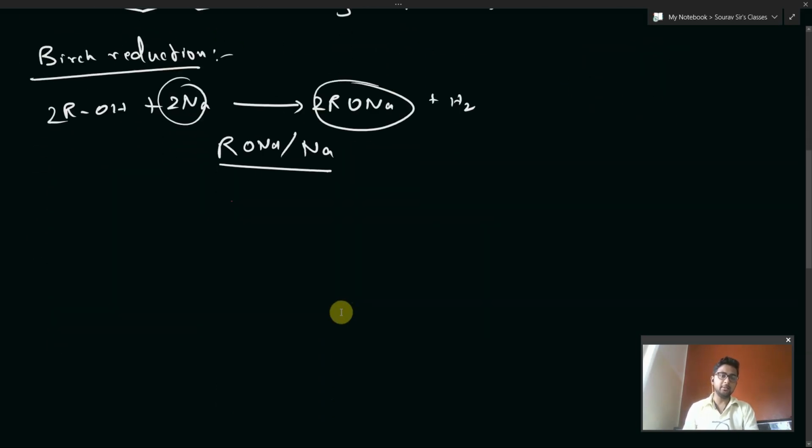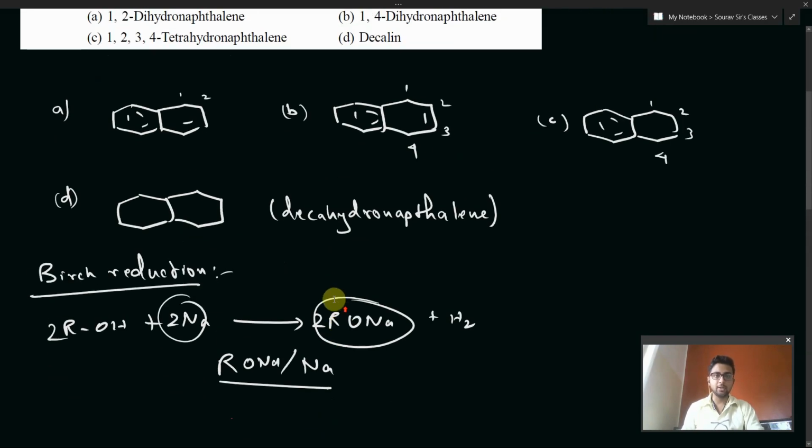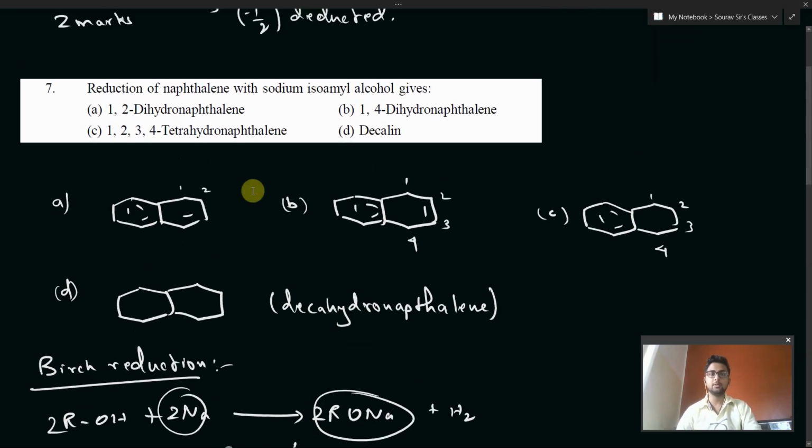Let us first look at the mechanism of how naphthalene would be reduced, and then we'll look at the products. Let me change the color.